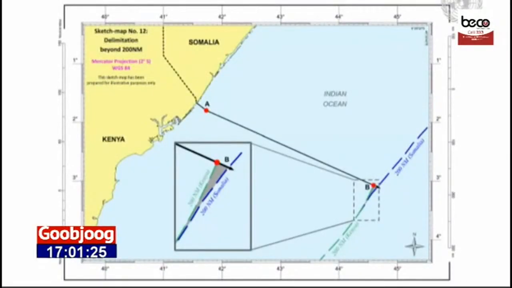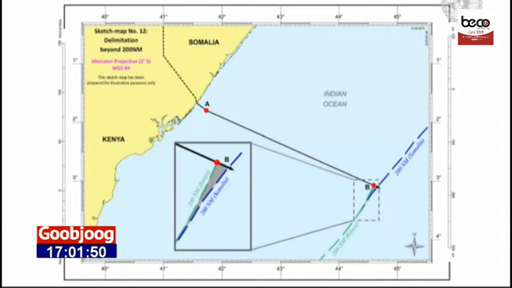Depending on the extent of Kenya's entitlement to a continental shelf beyond 200 nautical miles, as it may be established in the future on the basis of the Commission's recommendation, the delimitation line might give rise to an area of limited size located beyond 200 nautical miles from the coast of Kenya and within 200 nautical miles from the coast of Somalia, but on the Kenyan side of the delimitation line.